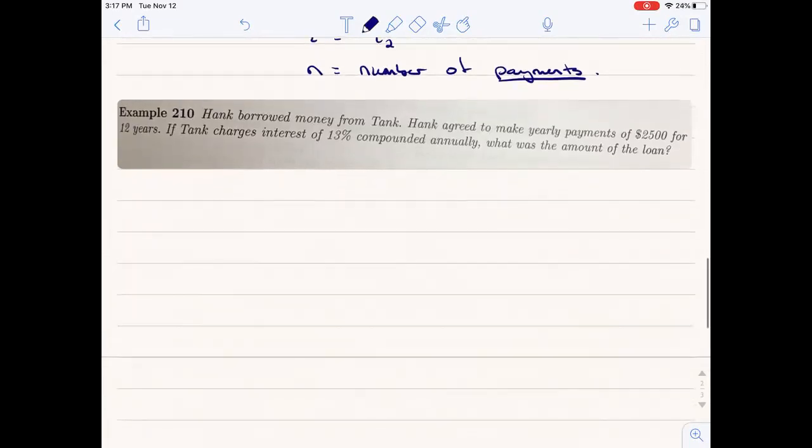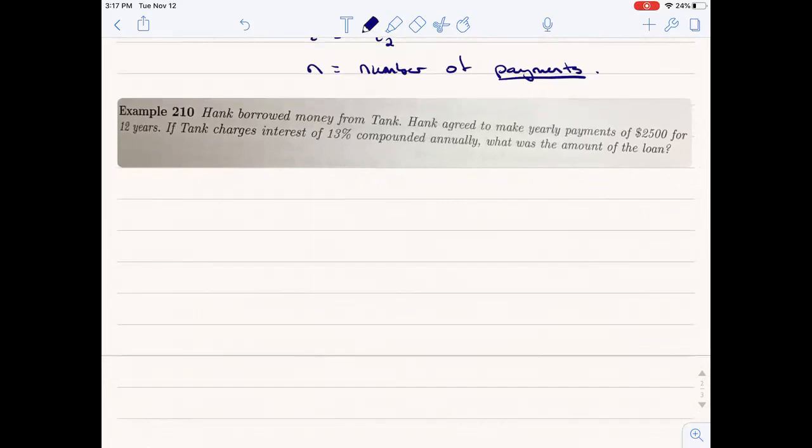So my compoundings per year, compounded annually, is 1, which is going to be my F1, just as a rule. And my payments per year, he agreed to make yearly payments, so again, it's 1.